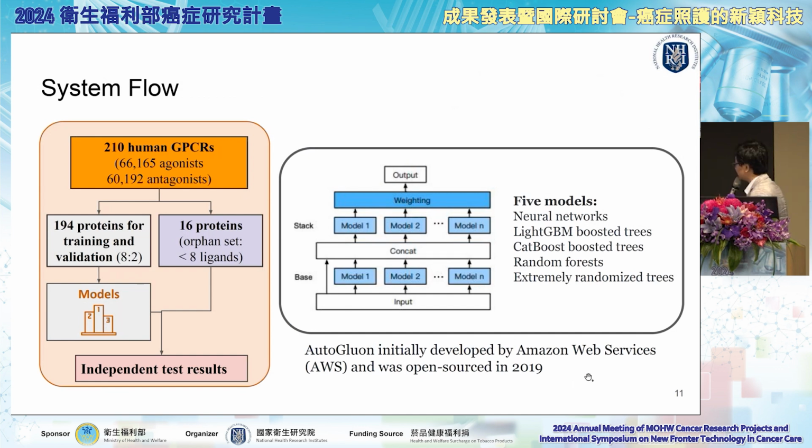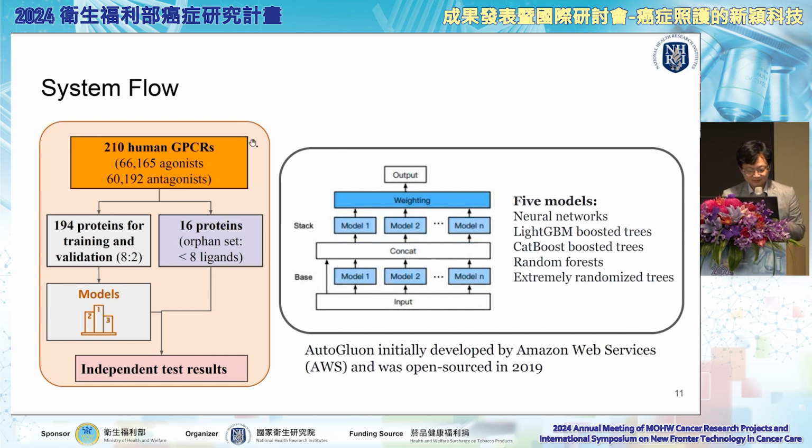So this is the system flow for our study. We extract only the human GPCR data, and we separate the data set into a training and validation set, and we filter out 16 proteins with fewer than 8 ligands to be considered as the orphan test data set.